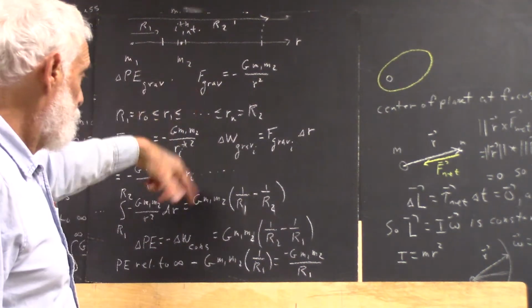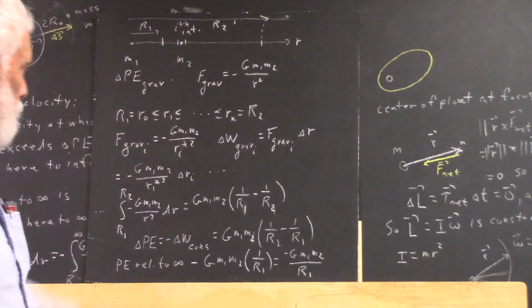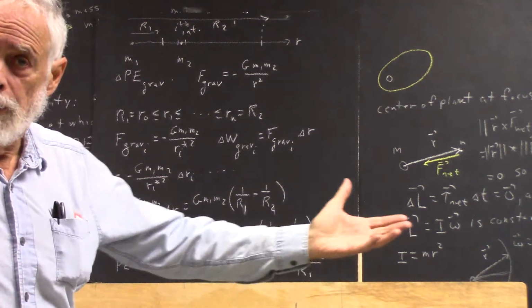Okay, so these are the relationships that we want to use in calculating potential energy of, say, orbiting objects.